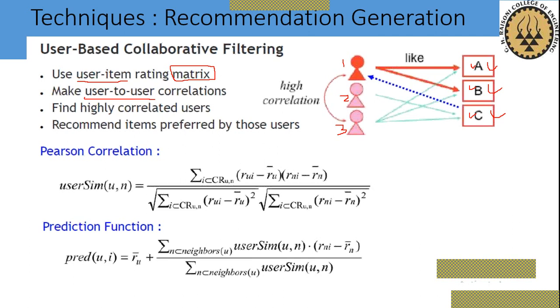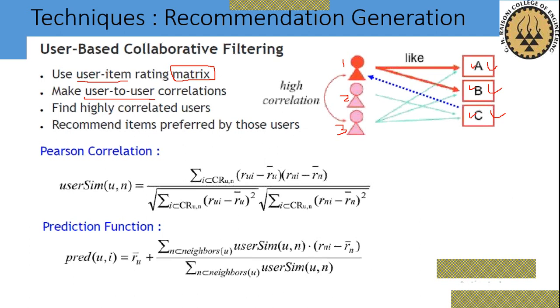In the third step, we find highly correlated users, which users are highly correlated with each other. And in the last step, we give the recommendation of the items preferred by those users.